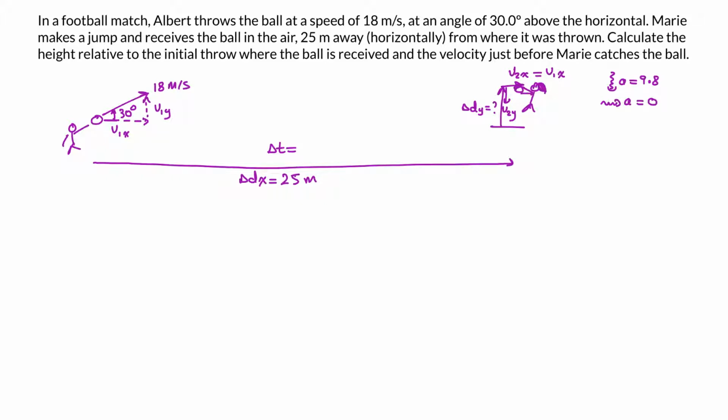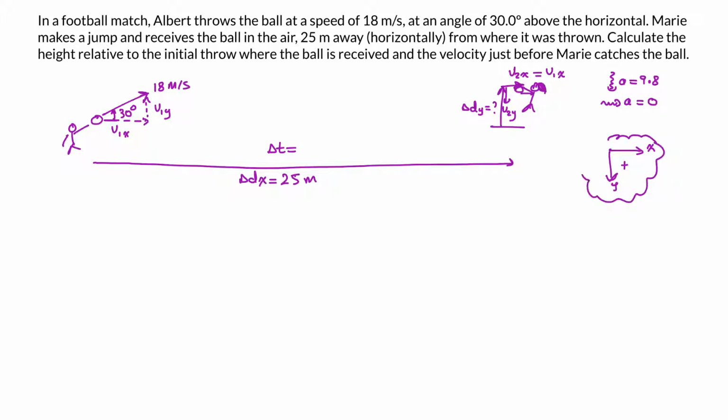Since the initial velocity is given to us in terms of a vector, we need to break it down into the x and y components. What I'm going to do is choose a coordinate system, and since many things are pointing downwards, I'm going to use this as my positive x and this as my positive y direction.